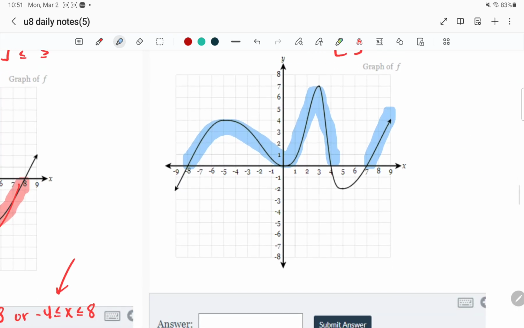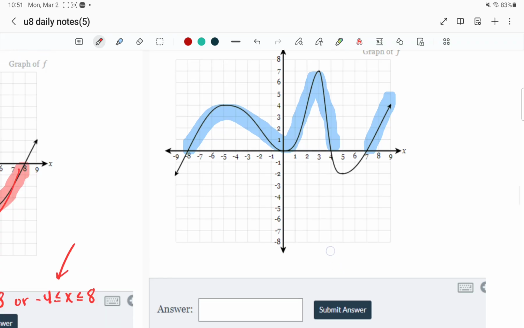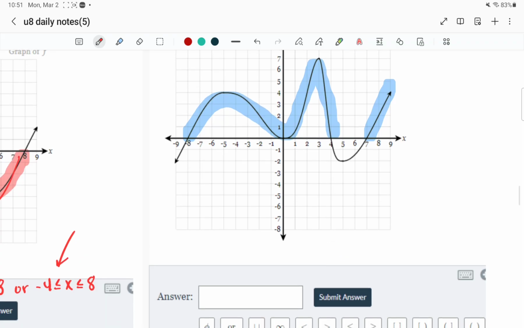So again, we can highlight it all day long, but that's not what Delta Math wants. I need to be able to write it in my answer box. So again, we're going to do interval notation because that's new. We're going to start at hard bracket negative 8 to 4 because that's where we go.